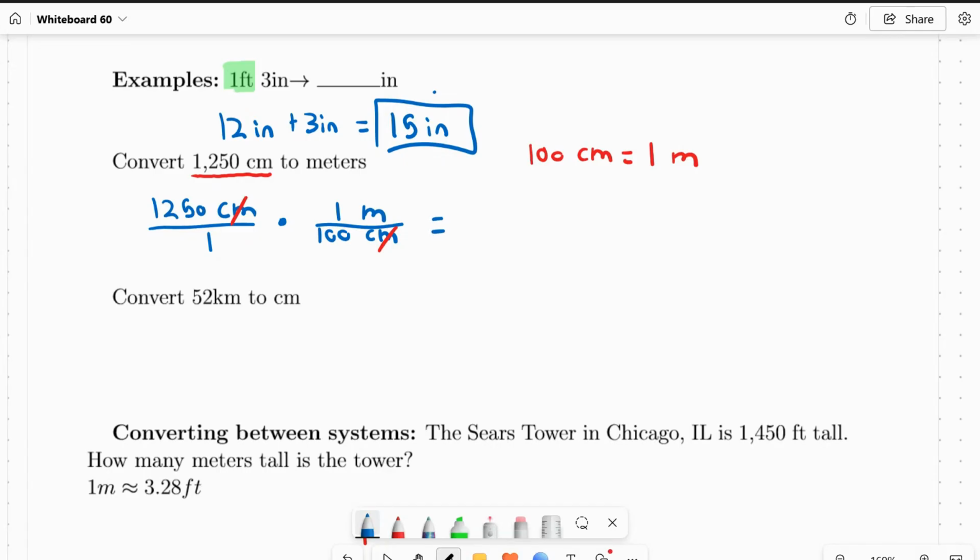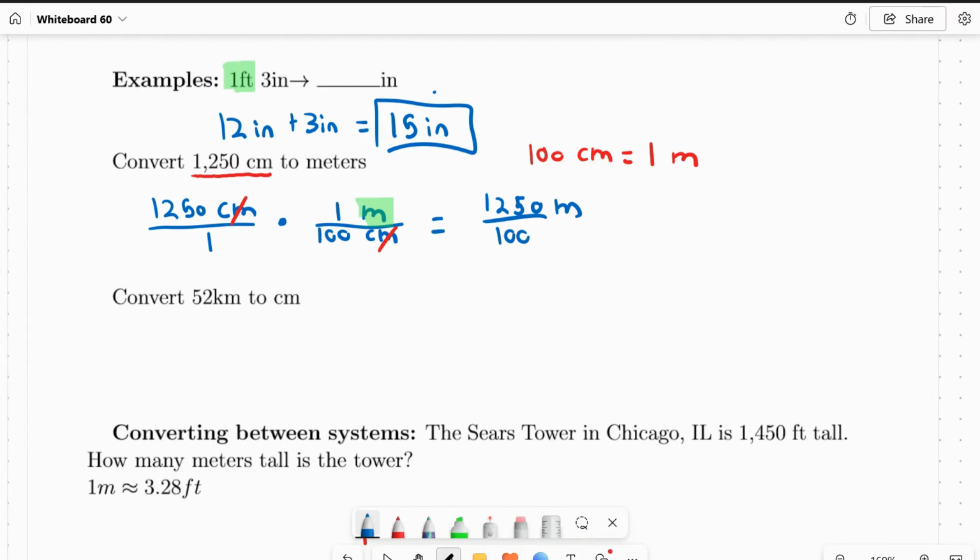Once you get to this step, this is just fraction multiplication. 1,250 times 1 is just 1,250. 1 times 100 is just 100. At this step, make sure that we write down our units, which now is going to be meters.